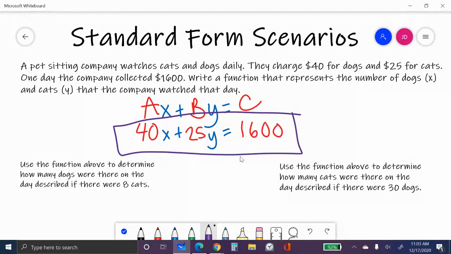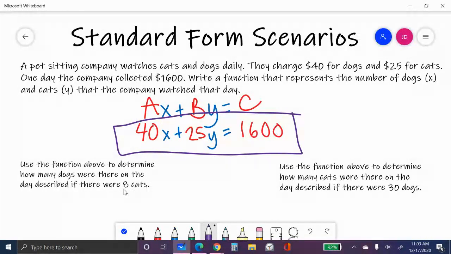All right, now we have some questions involving this scenario. So use the function above to determine how many dogs were there on the day described if there were 8 cats. So remember, cats is my Y value.